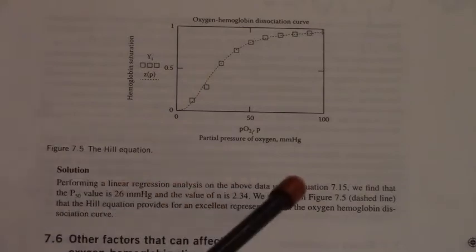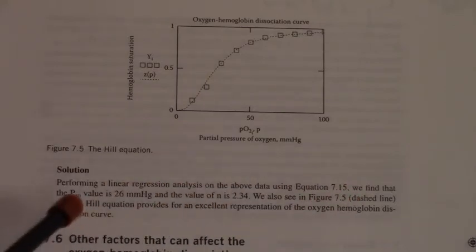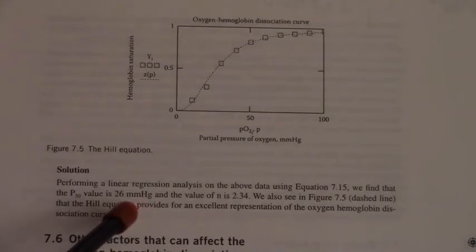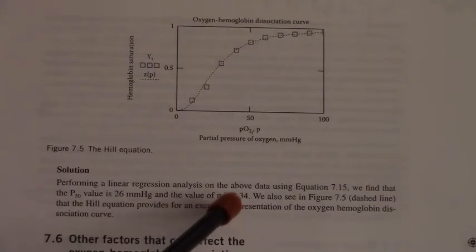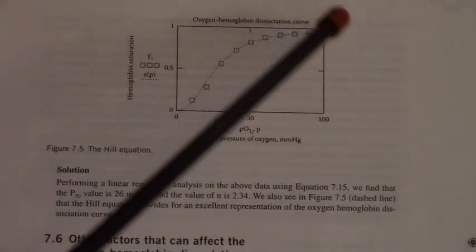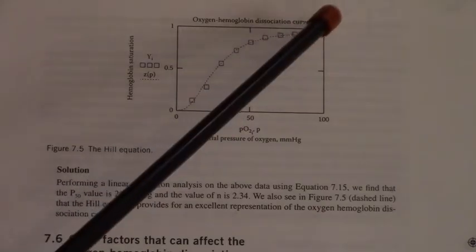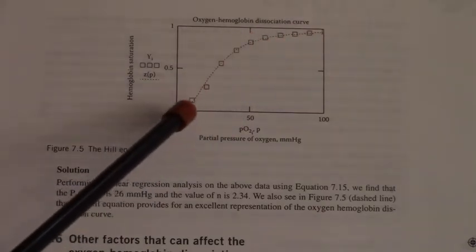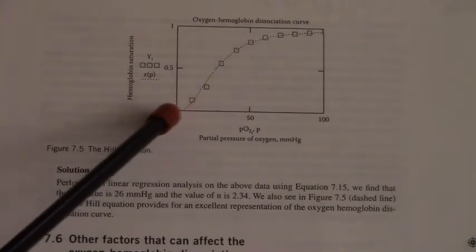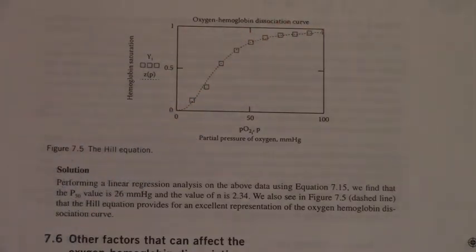We find that the P50 value is in fact 26 millimeters of mercury, which is what we were able to get from looking at the graph itself, and the value of N is 2.34. Then here's a comparison plot between the actual data we used, shown by the square boxes, and the dashed line, which is the prediction of the Hill equation.